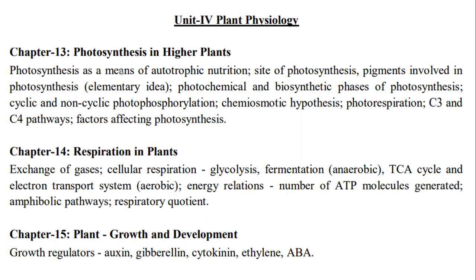So photosynthesis as a means of autotrophic nutrition, site of photosynthesis, pigments involved in photosynthesis, an elementary idea, photochemical and biosynthetic phases of photosynthesis, cyclic and non-cyclic photophosphorylation, chemiosmotic hypothesis, photorespiration, C3 and C4 pathways, factors affecting photosynthesis. These are the topics included from the chapter photosynthesis in higher plants.